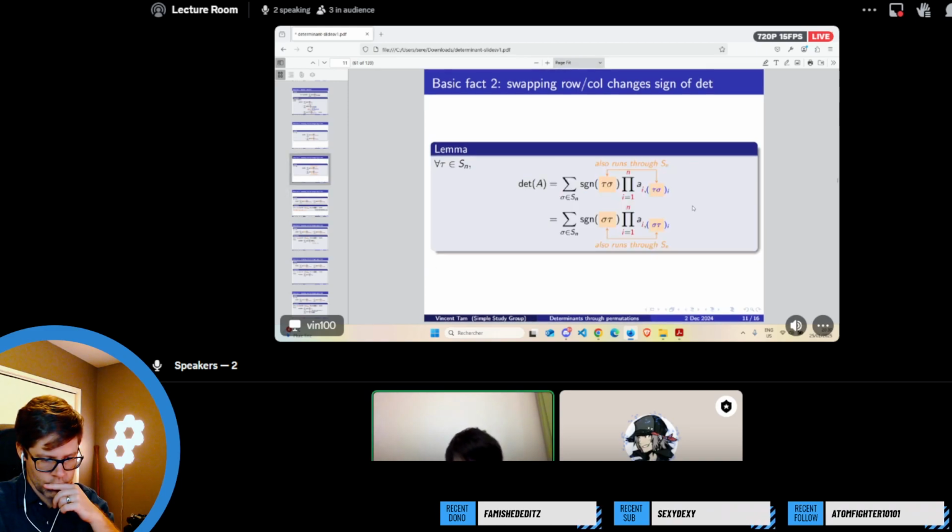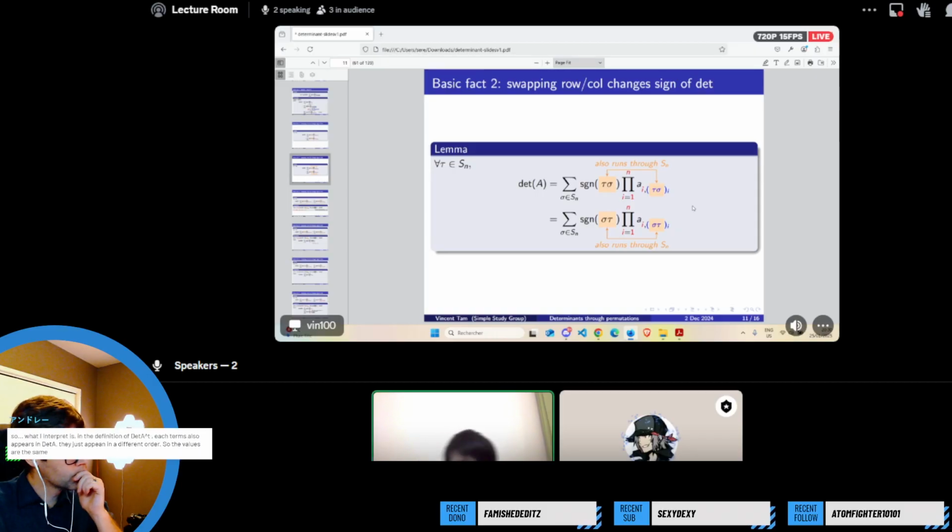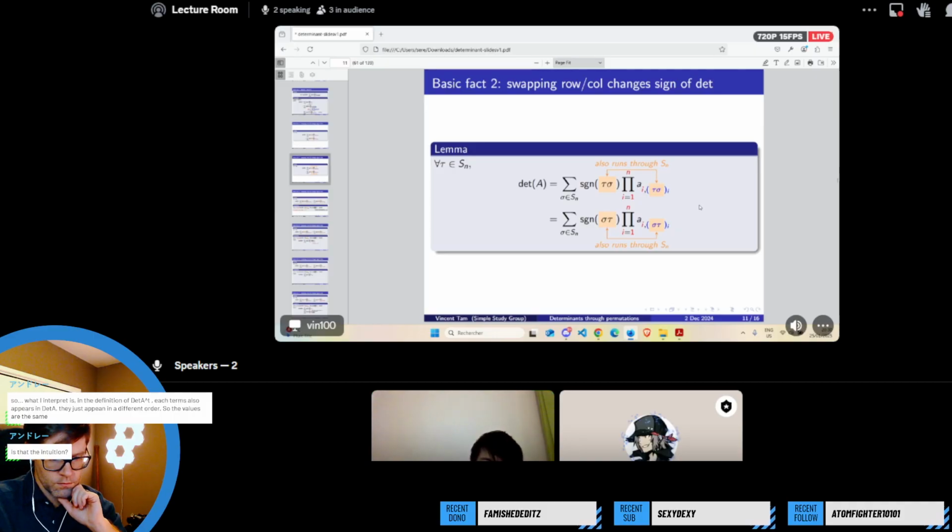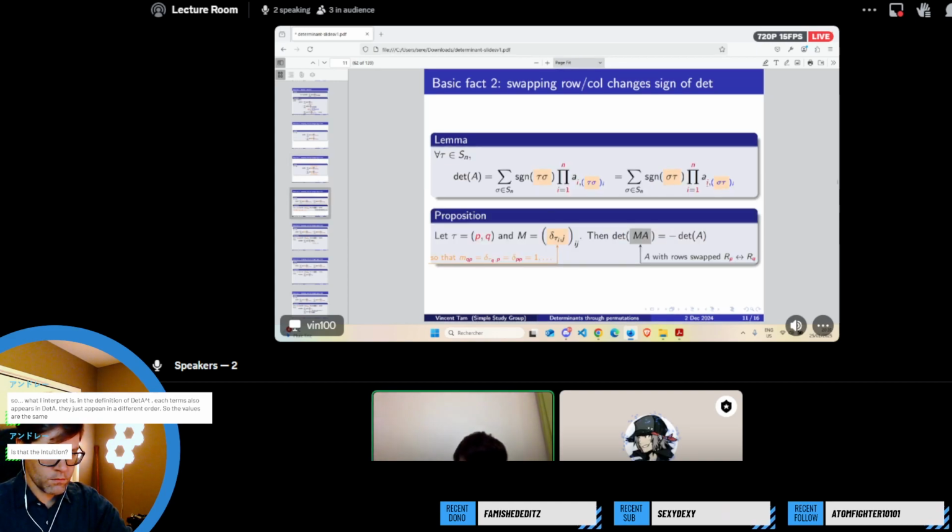The proof is quite simple. Again, either tau sigma or sigma tau, they are running through the entire Sn. So this tau is just like some sort of translation, and we are still summing over all permutations. So this is pretty intuitive.